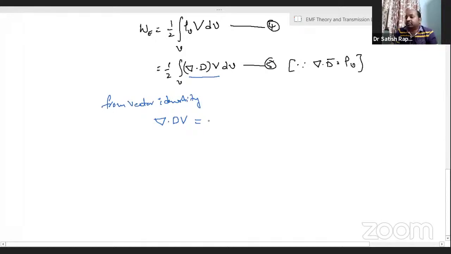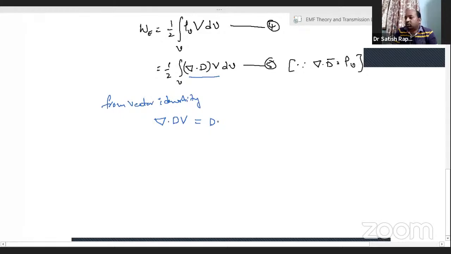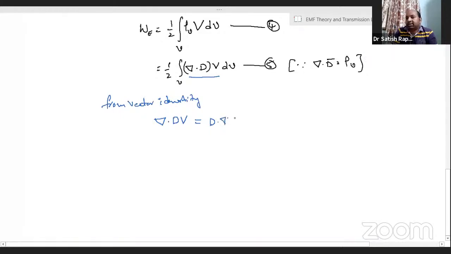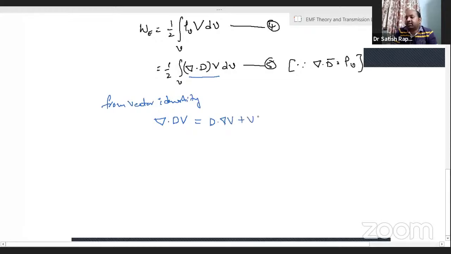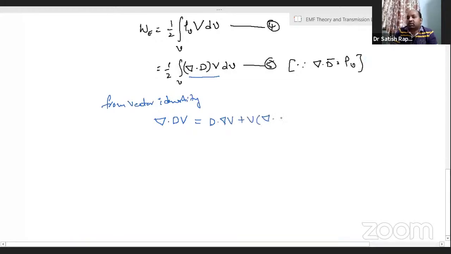So let me write this: divergence of V and D is equal to D dot del V plus V into del dot D. So this is the expansion.